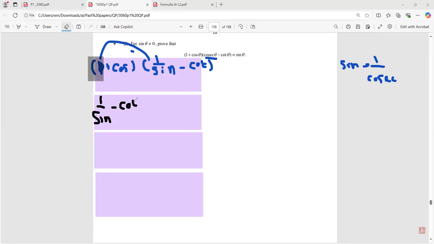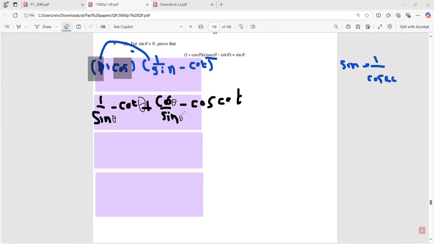Then next I'm going to take the positive cosine multiplied by the 1 over sine, which equals plus cosine over sine. And here cosine multiplied by cot is negative cosine cot. And for sure, all of these have theta beside them: sine theta, cot theta, and so on.